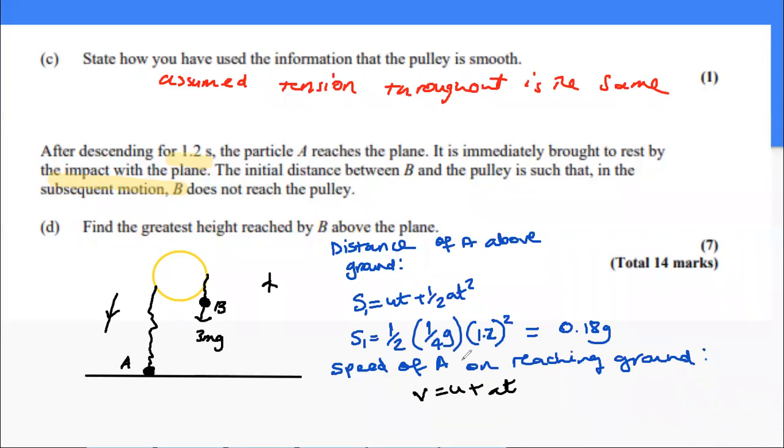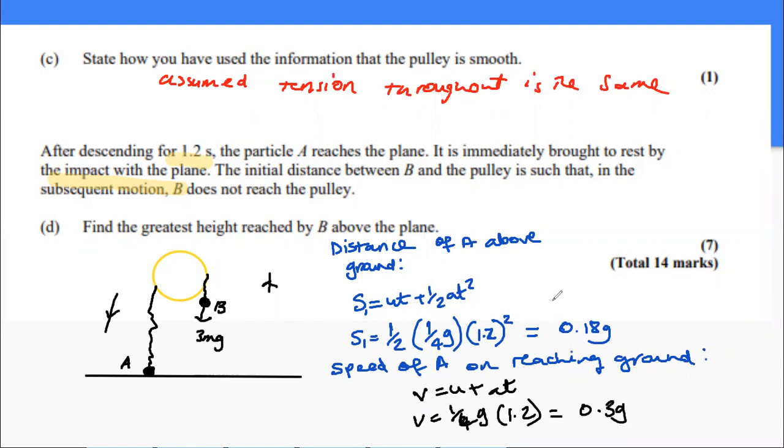Okay, apologies. I'm going to use V equals U plus AT, actually. This is much easier. So V equals U is 0, and that's just your acceleration, a quarter g. So just put a quarter g, and then your time is 1.2. This gives you 0.3 g.